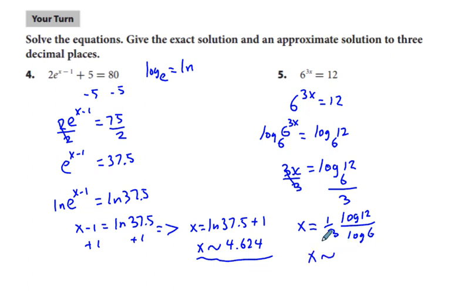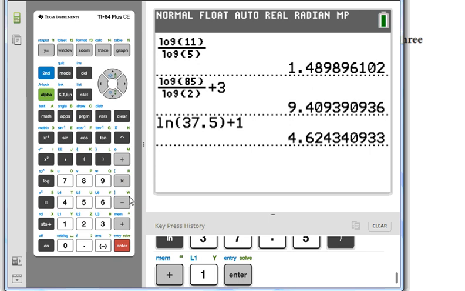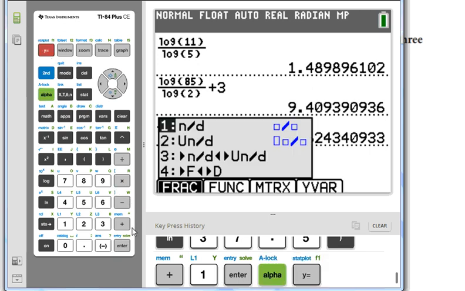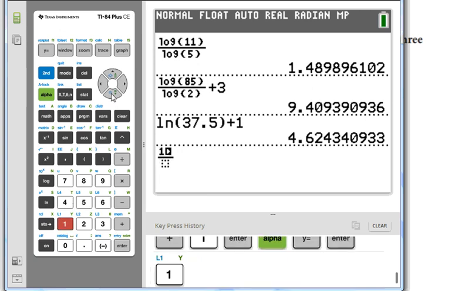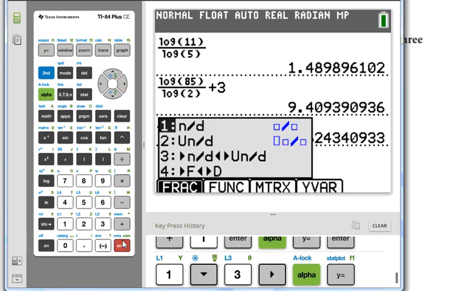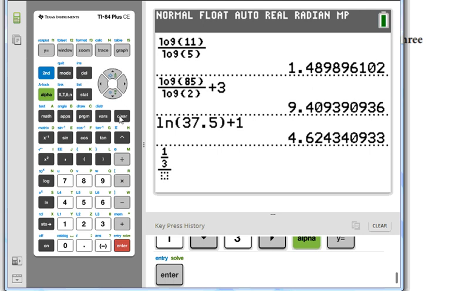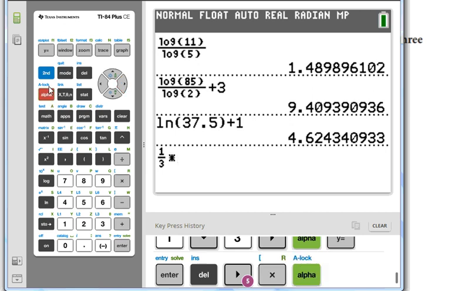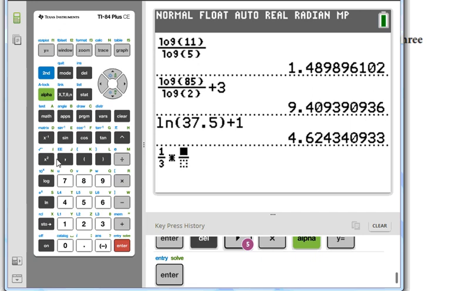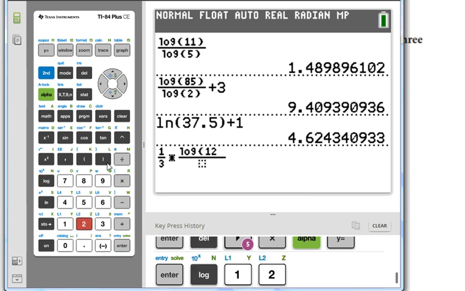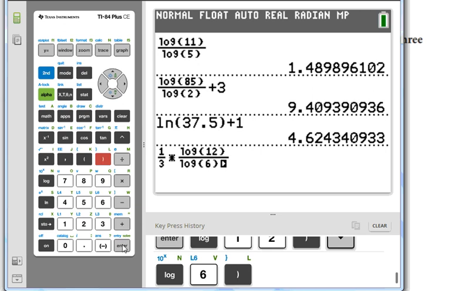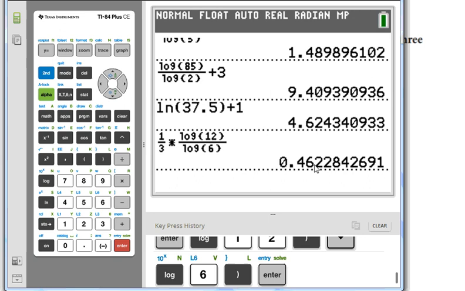So let's go ahead and put this in our calculator. 1/3 times log 12 over log 6. So we're going to get about 0.462.